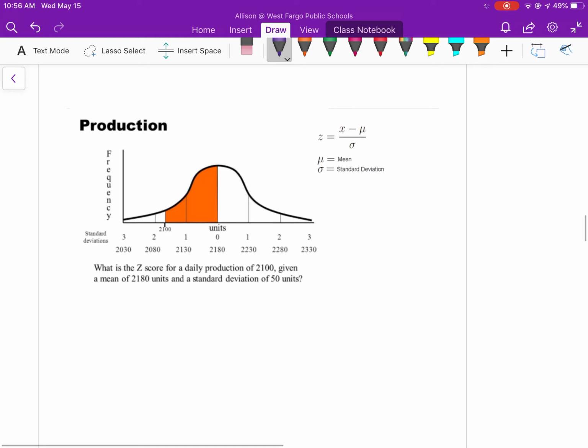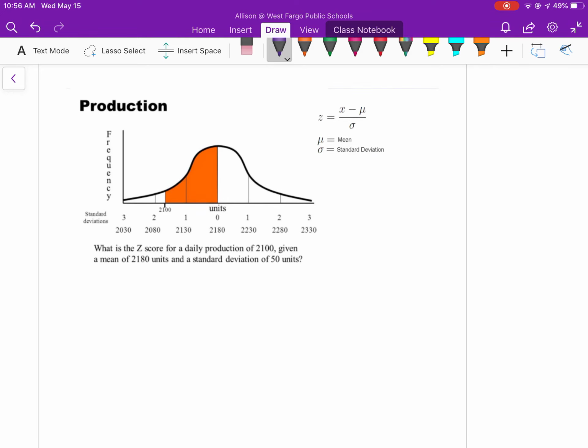So let's see if we can look at a couple examples here. So here we have a normal curve that's describing daily production. The Z-score for daily production of 2100, given that the mean production is 2,180 units and a standard deviation of 50 units. So remember, we put the average in the middle, 2,180 goes in the middle.